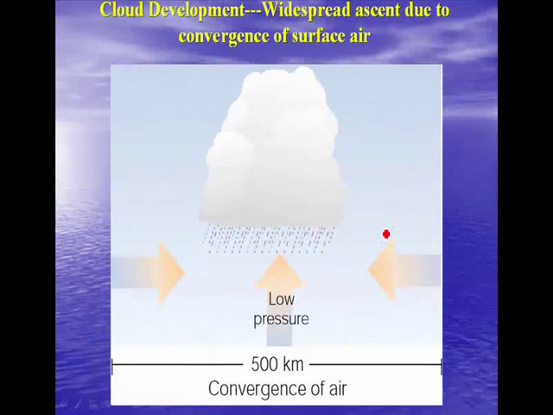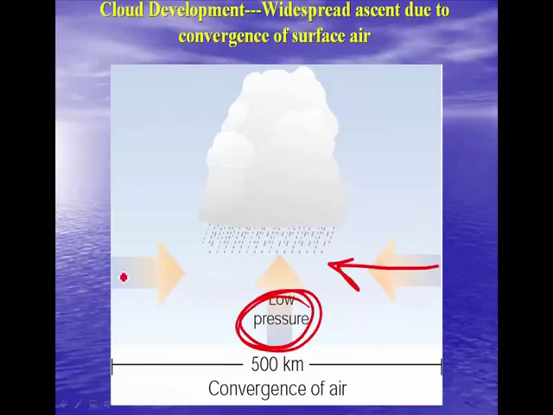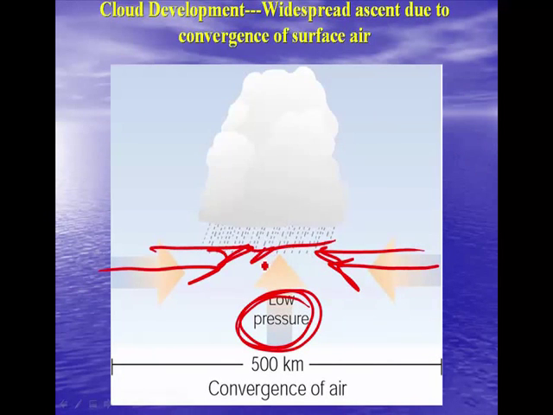Another way, which is what we see over Iowa, is that typically around low pressure we have upward moving air. With low pressure we have lower pressure here, and to fill in that area of lower pressure we have air coming in from the side. The air converges, it meets, and it can't go into the ground, so it has to go up.